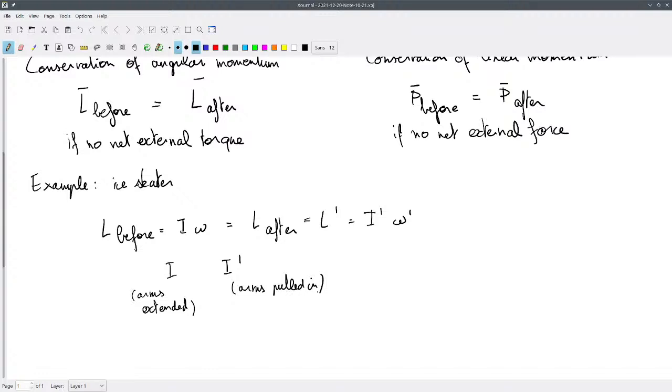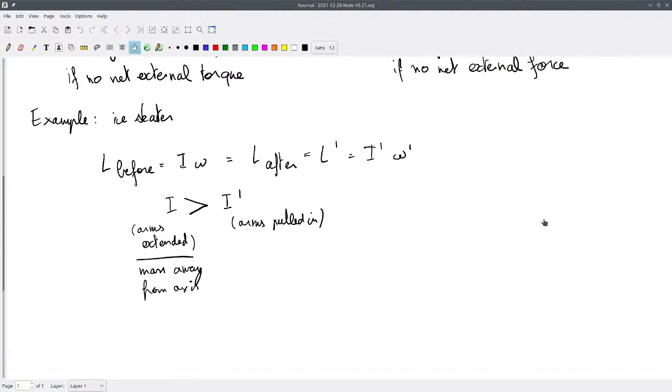So remember that the moment of inertia is determined primarily by objects that are far away from the axis of rotation. So when the arms are extended, there's more mass far away from the axis of rotation, so I will be larger, right?